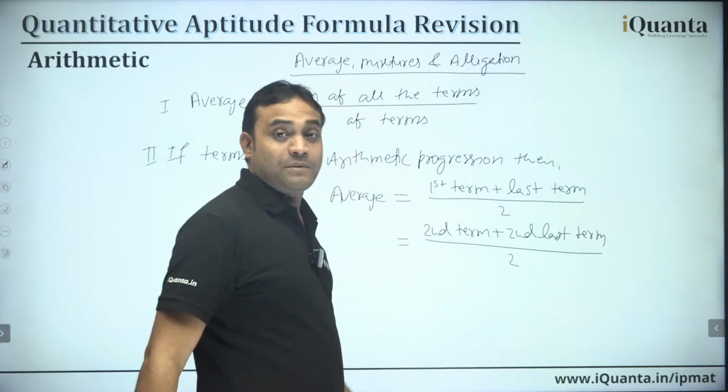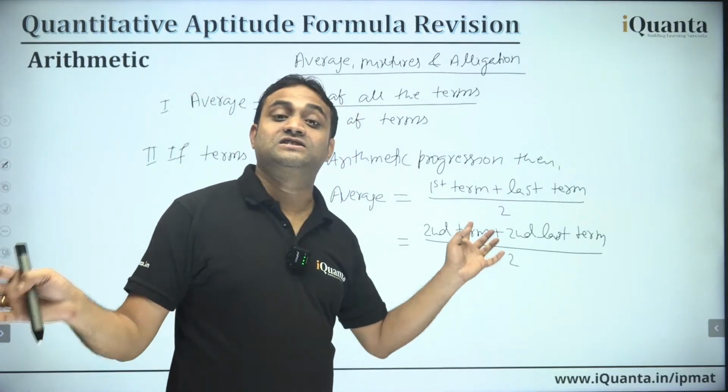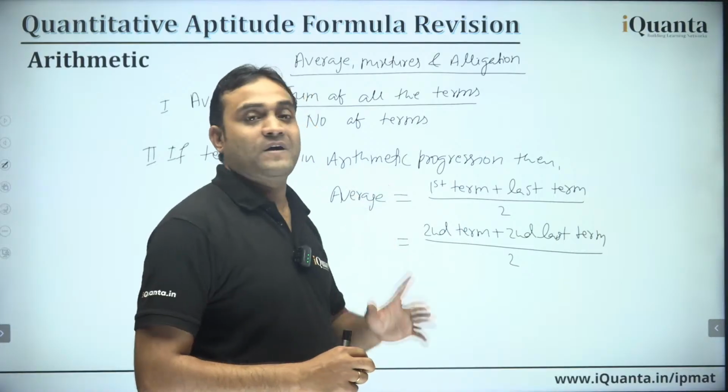If numbers are in AP, you don't need to find the sum of all the values. You can simply find the average like this.